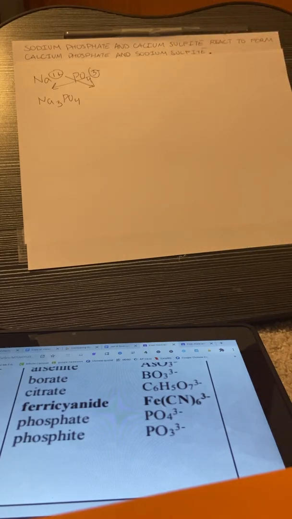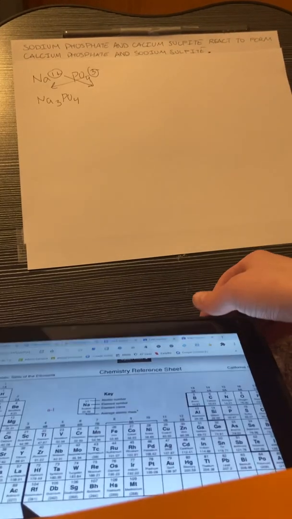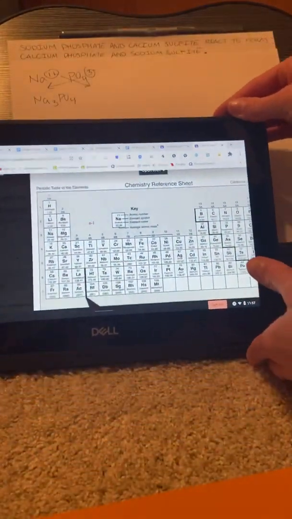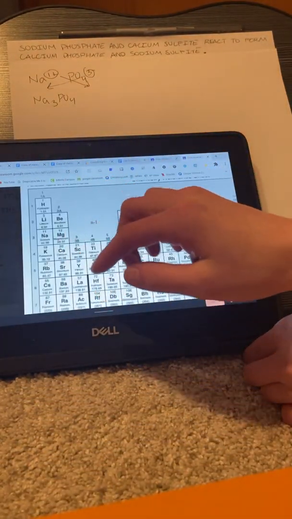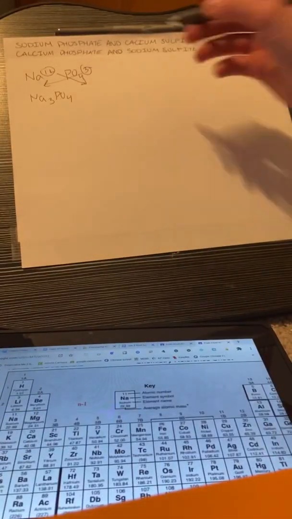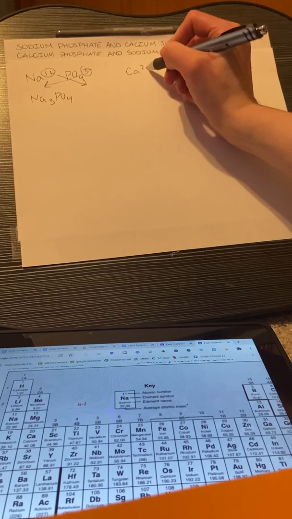Then the next thing that you have to do is calcium sulfite. So you're going to find calcium on your periodic table. Calcium is going to be over here, second column, so it's going to be a 2+ charge. So you're going to write Ca2+, and you're going to find sulfite on your common polyatomic ion sheet.